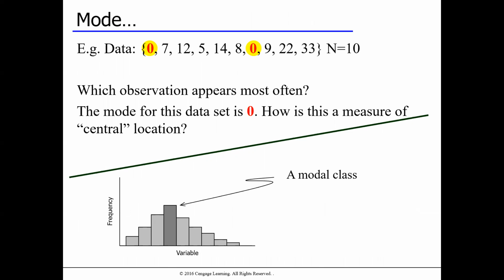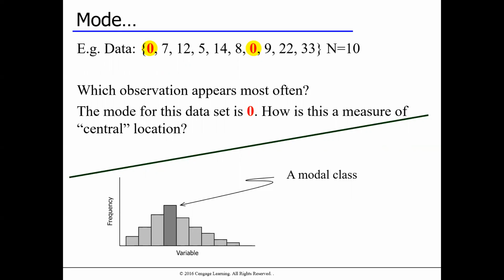Now there might be a situation where none of the cases are repetitive in nature. In that case, there will be no mode. There might also be a situation where more than 1 mode can be there, which is called bimodal or trimodal. Now this diagram gives you an idea of how to calculate the mode through the histogram.